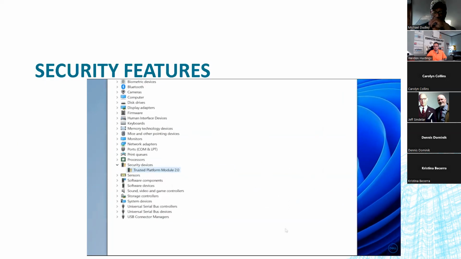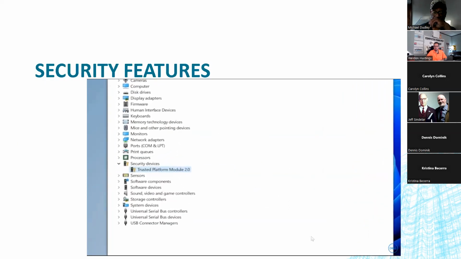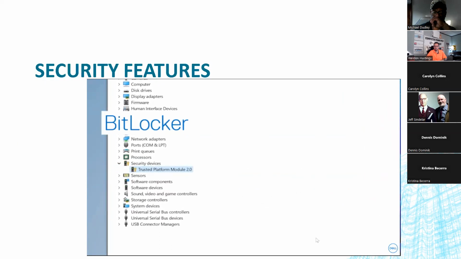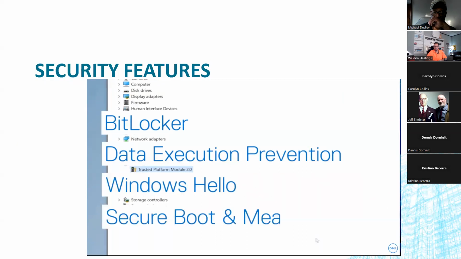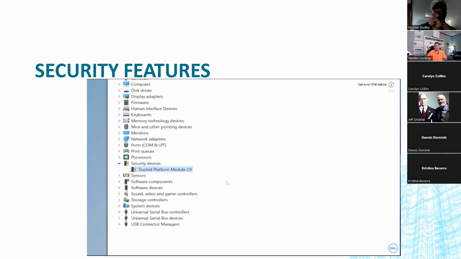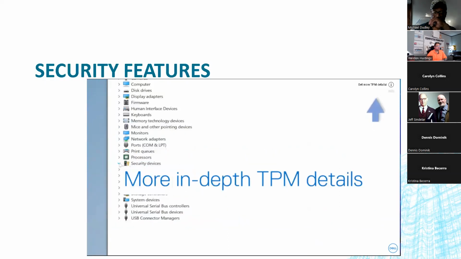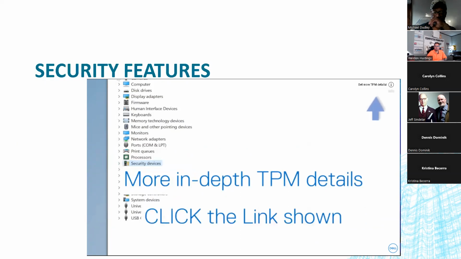TPM is used for many important security features, including BitLocker device encryption, data execution prevention, which protects against malware apps from running in memory, Windows Hello, which is a secure user authentication, and Secure Boot and Measured Boot to block malicious software from hijacking the boot process of the operating system. To learn more about TPM 2.0, read our Dell Knowledge Base article, which you can access by clicking the link shown.